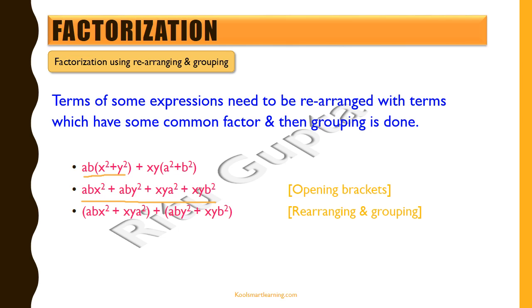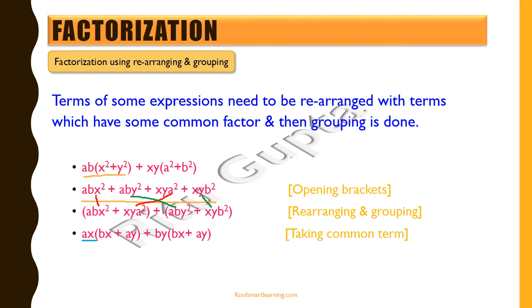So what we do here is we take the first term and the third term, because they have a common factor ax, and we rearrange them and bring them together, and we take the second term and the fourth term together. So we rearrange and then group them. After grouping them, we take the common factor out, which is ax in the first group.